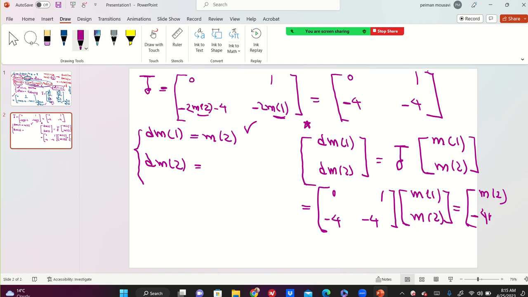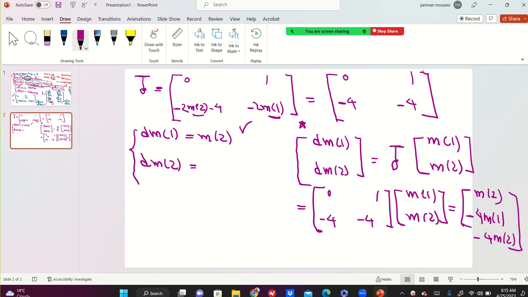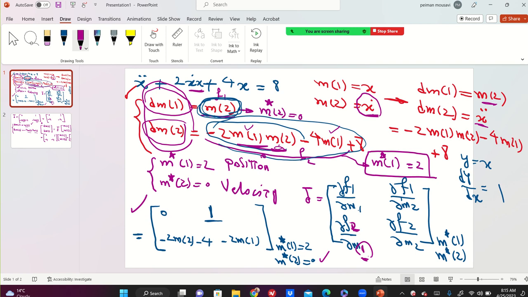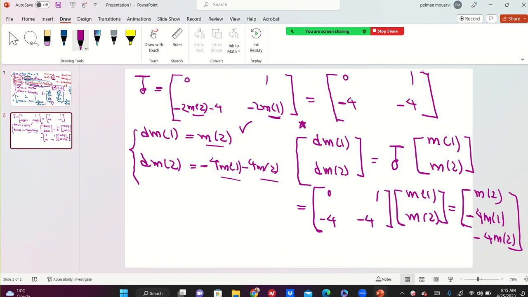Minus 4 m1, minus 4 m2. So now these are linear terms, not nonlinear terms that multiply together. Okay? See what I'm saying, guys?